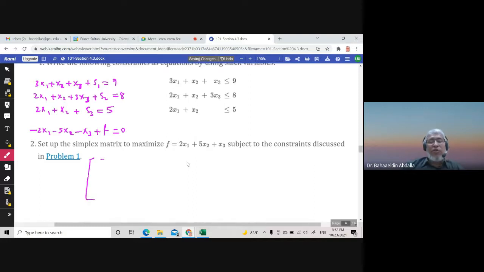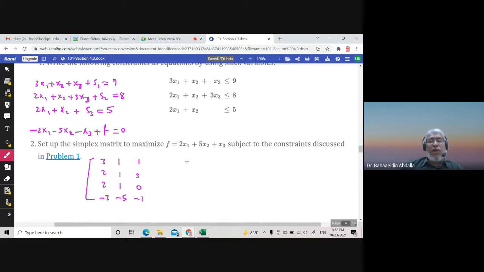The coefficients of x1 are 3, 2, 2, and negative 2. Coefficients of x2 are 1, 1, 1, and negative 5. Coefficients of x3 are 1, 3, 0, and negative 1.